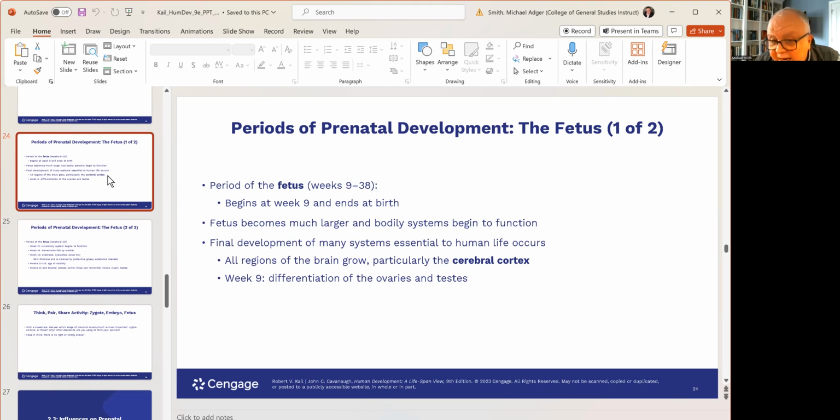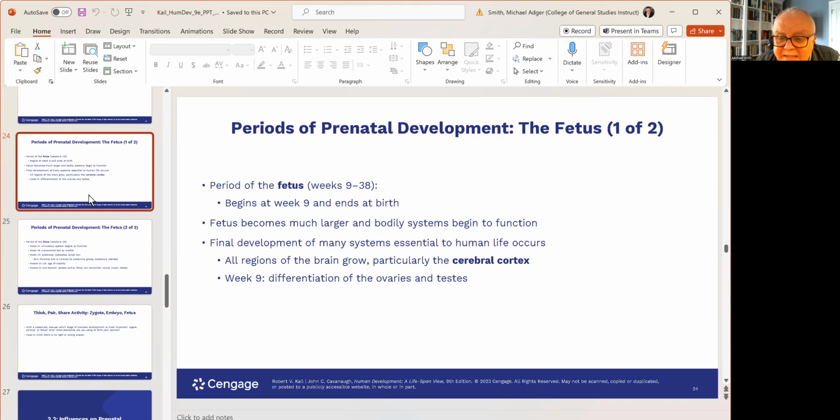So the fetus stage is from 9 weeks. We've gone from zygote to embryo, and now we are at the fetus. It begins at 9 weeks and ends at the actual birth. The fetus becomes much larger, and the body systems start to function, and they're going to finalize, develop, and fine-tune through all this time.